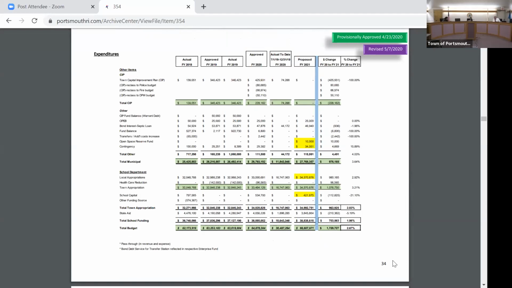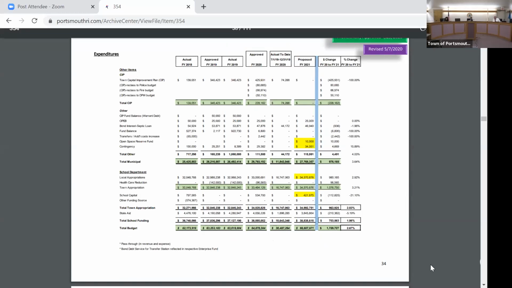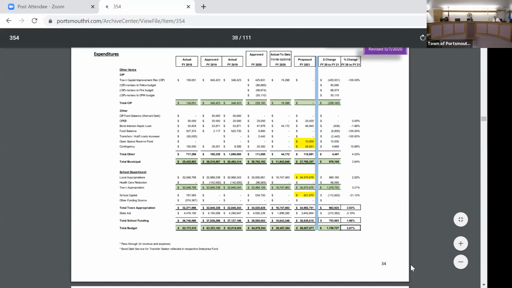Additionally, we have revised the contingency line from $14,289 to $34,051. We are also proposing the establishment of an open space restricted fund and propose $10,000 to be allocated for this endeavor. The reestablishment of the open space fund is one of the elements being proposed in the comprehensive plan.